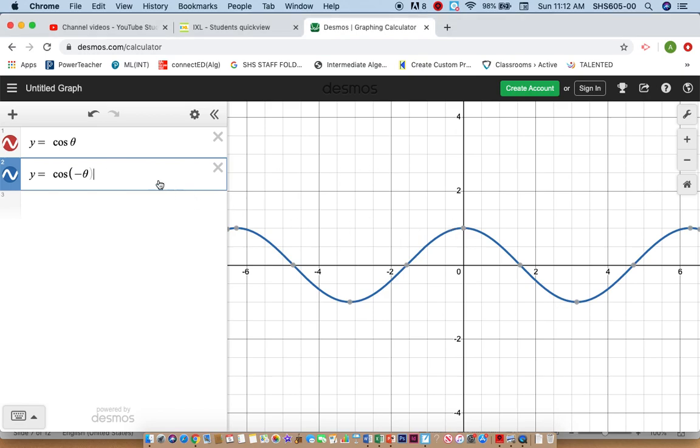And that's because if you plug in values, cosine of negative pi is the same as cosine of pi. And so just because you throw in this negative here, it's not going to really change anything. Okay?